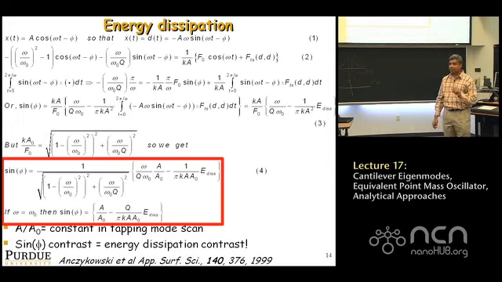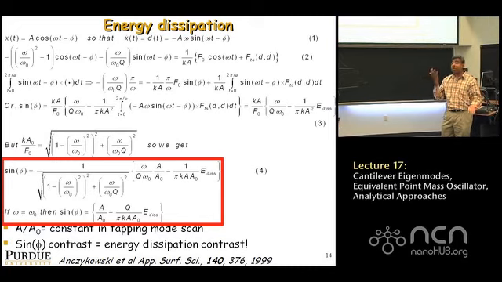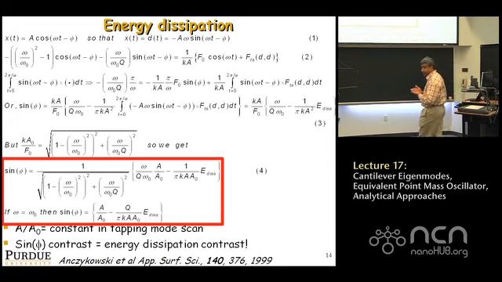Because if you get contrasts in sine of phase, and the sine of phase is larger in one place, you're left doubting whether the energy dissipation is greater on this sample or less on the other. You don't know whether it's larger or less if you don't know whether what you're plotting is phase lag or phase lead. That's the problem. So if you're being correct about it and you're plotting phase lag, then the sine of phase lag is going to be connected to energy dissipation in the following fashion.